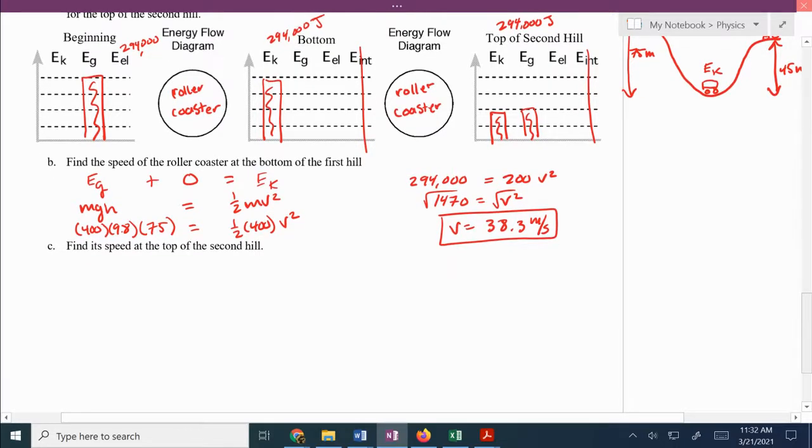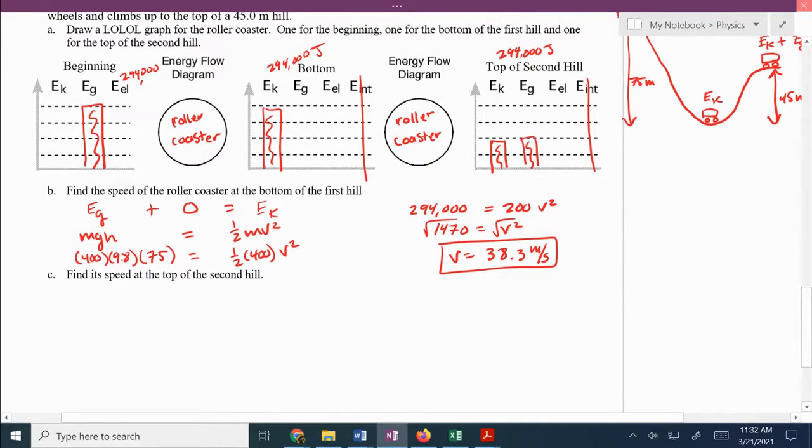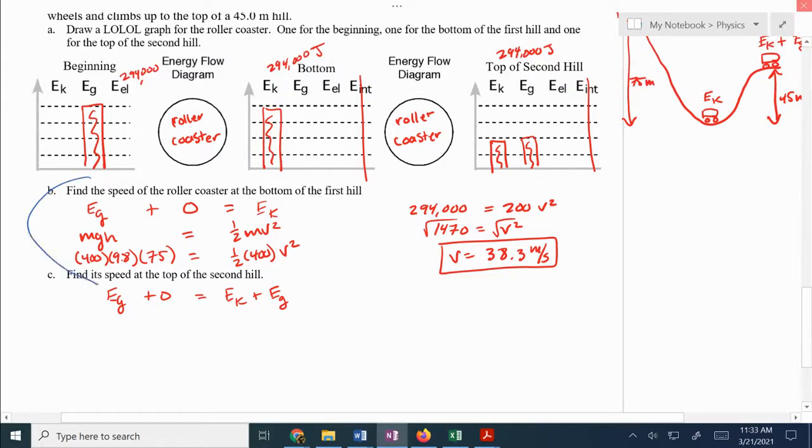Find its speed at the top of the second hill. There's a couple different ways you could do this. You can set any of these equal to the last one. For example, I could set the first one, the beginning, the EG, equal to the last one, basically meaning where the gravitational energy comes from there, the kinetic energy comes from there, gravitational energy comes from there.